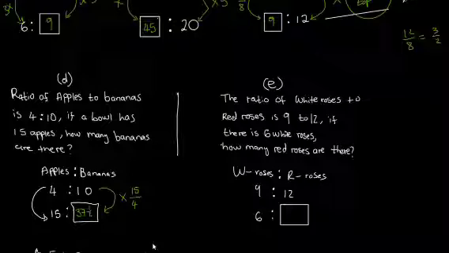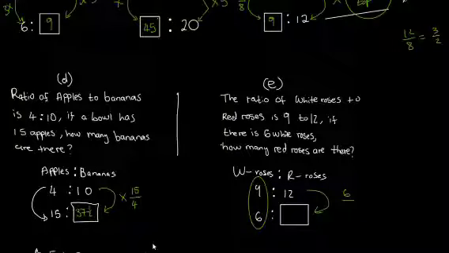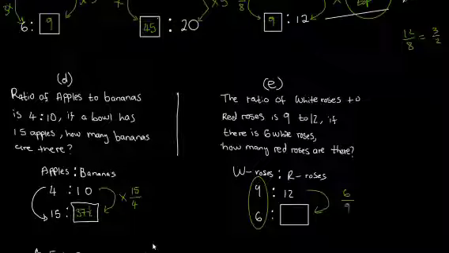We can see we've been given the full data for the white roses. So to get to the answer, we will take the bottom number, which is 6, divided by the top number, which is 9, and we multiply all of that by the number 12, which is the ratio for the red roses. That will give us the answer.